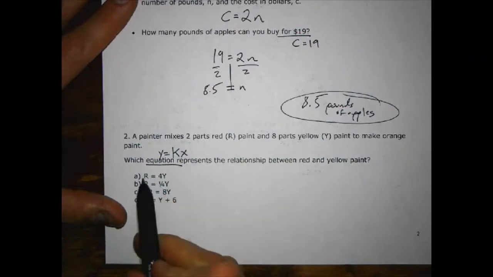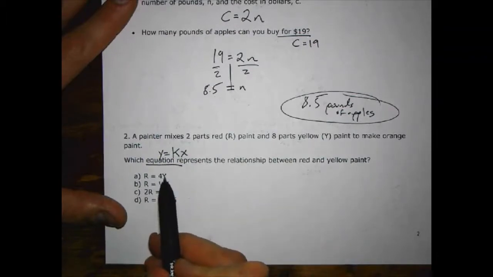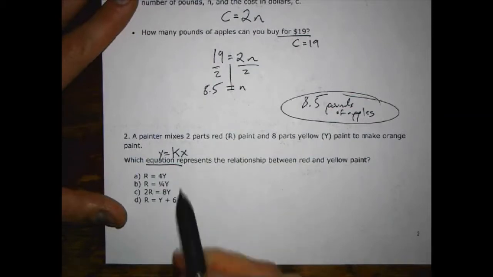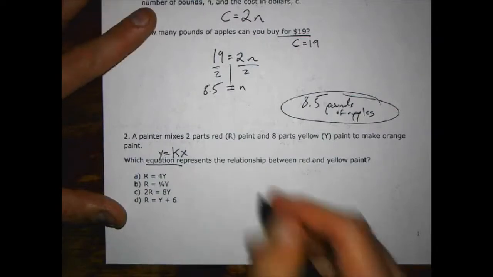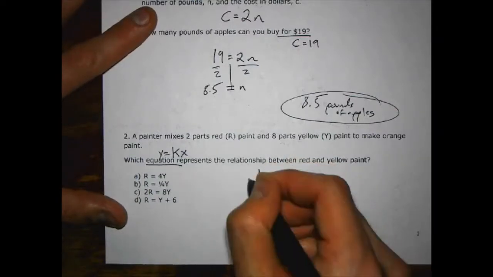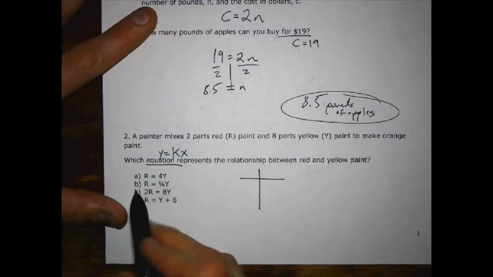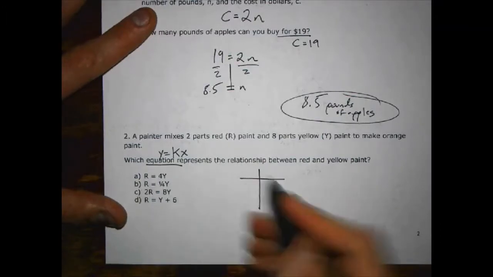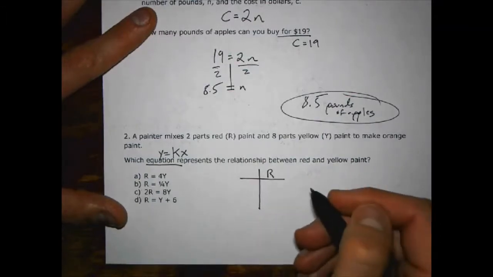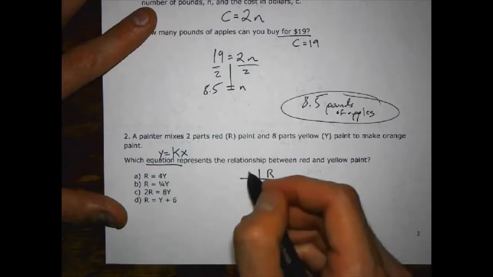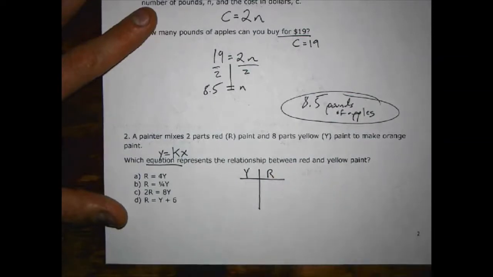It's over on the left side, where the y is always in the x position. It's on the right side. It's being multiplied by something in this case. So that tells us that we should see what happens if we set up a situation where the r is the dependent variable, kind of like the y, and the y is the independent variable.